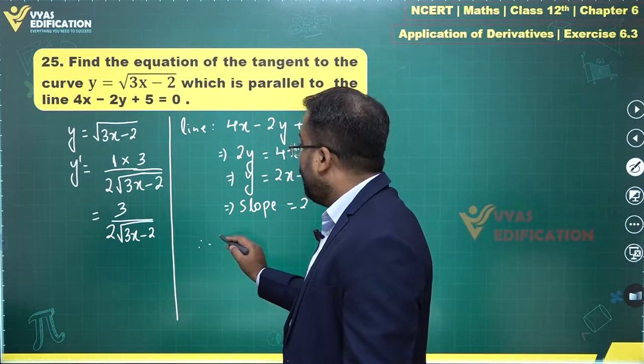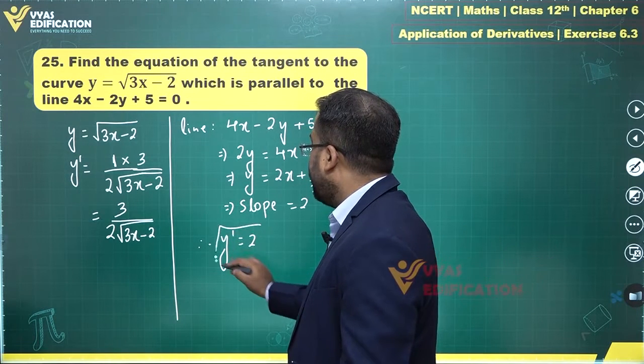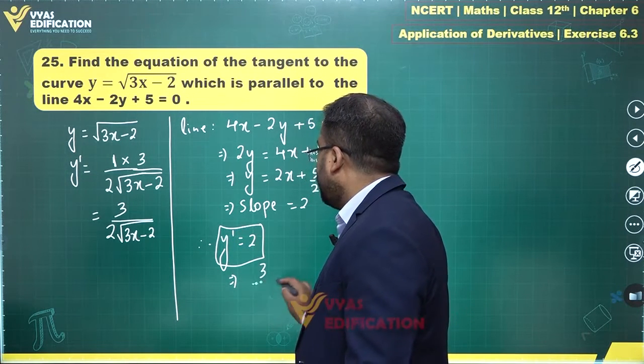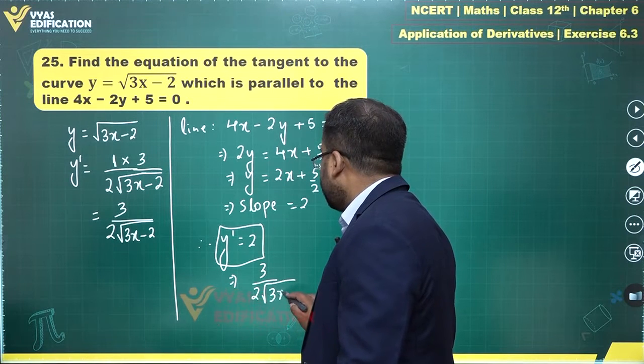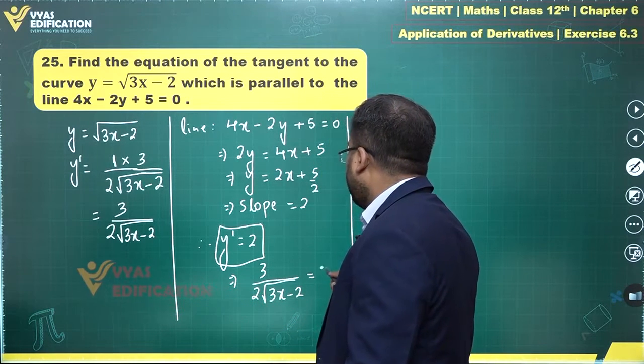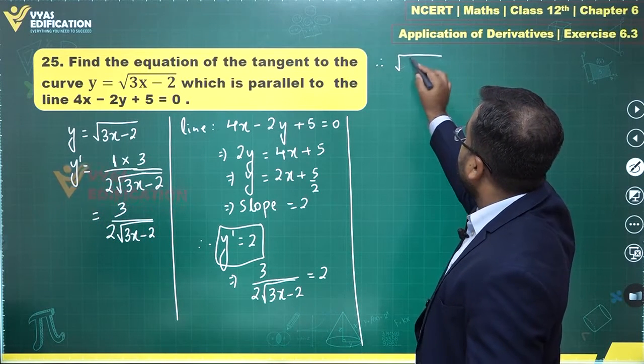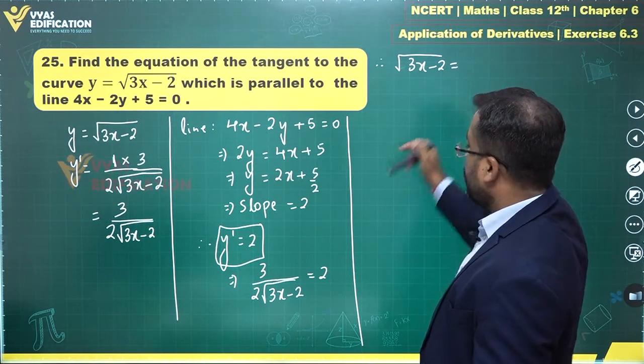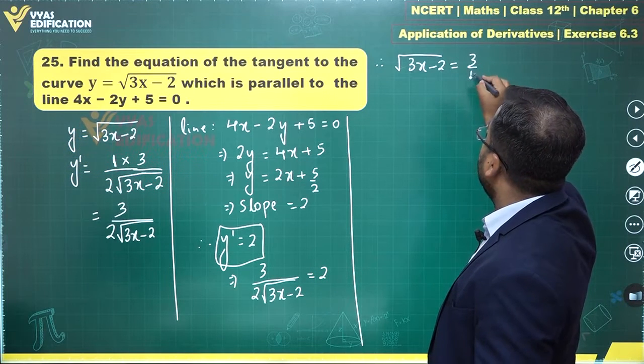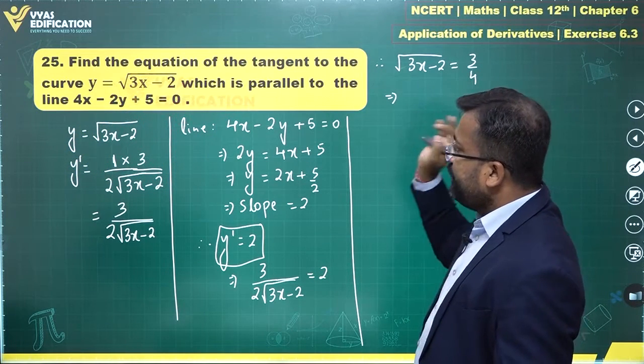Therefore, y prime will be equal to 2, and this tells me that 3 upon 2 times under root of 3x minus 2 is equal to 2. Therefore, under root of 3x minus 2 is equal to 3 upon 4, which tells me two things.